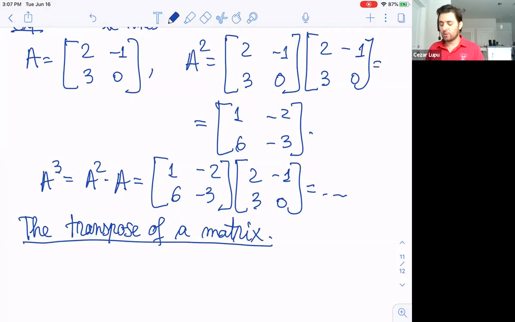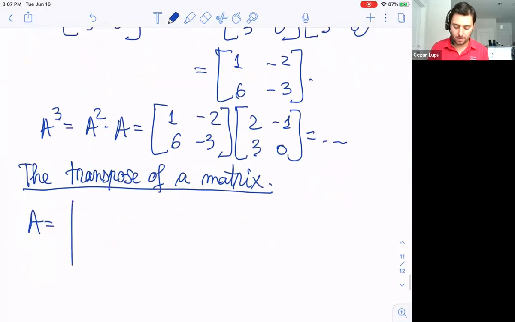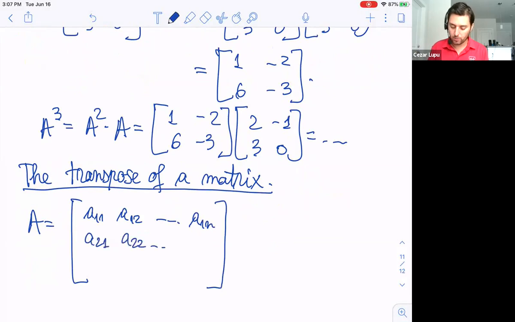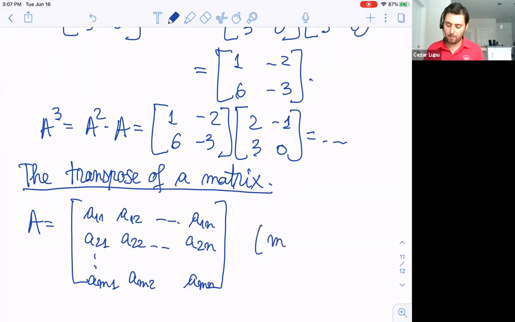If I have a matrix A, let me write it explicitly: A11, A12, A1n, A21, A22, A2n, all the way going to Am1, Am2, Amn. Then this is a matrix of size m by n.